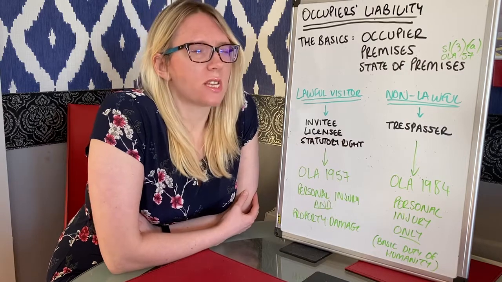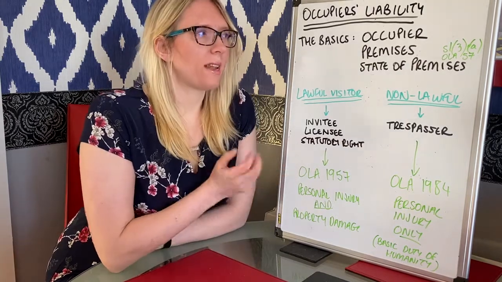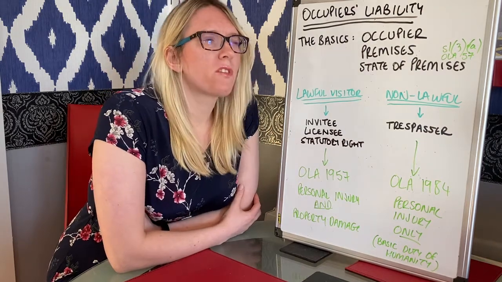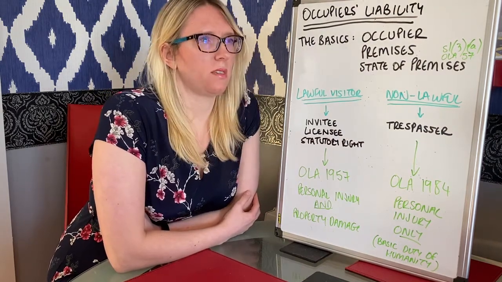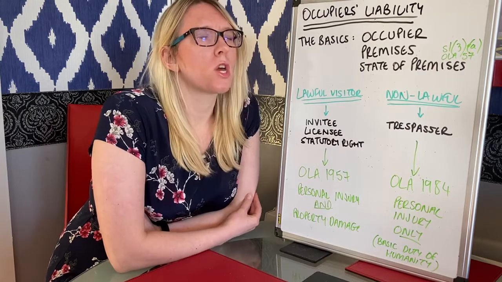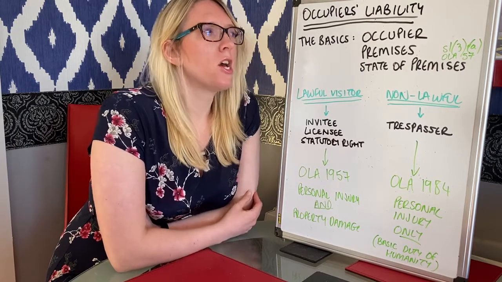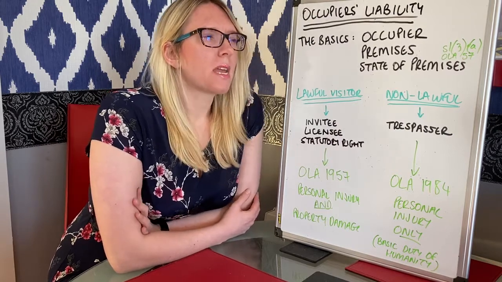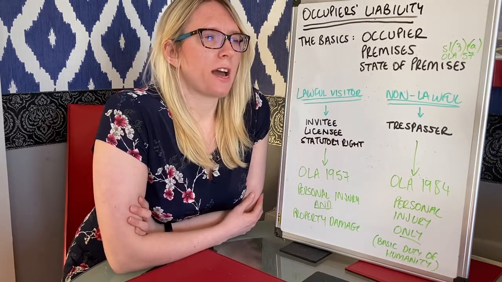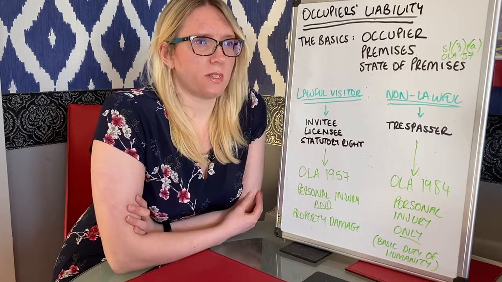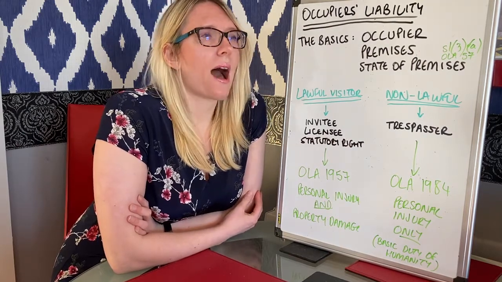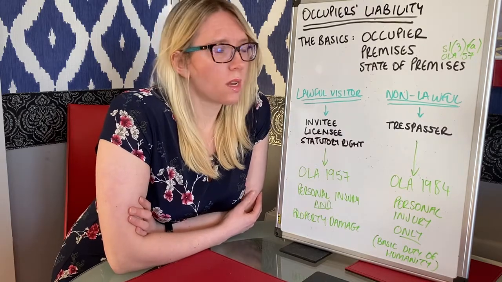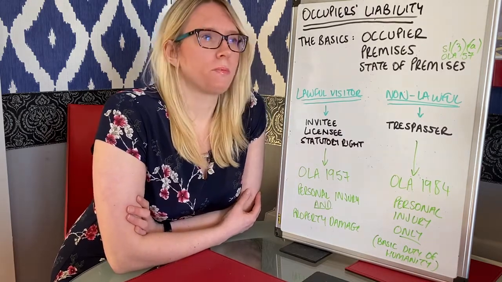So how does the claimant decide who to sue? Well, essentially what you have to do is think who was responsible for the thing that injured the claimant. Who was the person who was best placed to do something about the hazard? So for example, if someone is injured by faulty wiring in premises, like a rented house, I would say faulty wiring is down to the owner, the landlord, and therefore they're the person that you would sue.